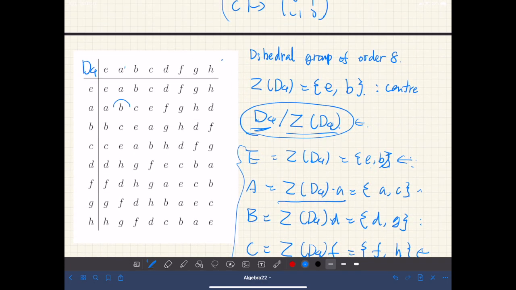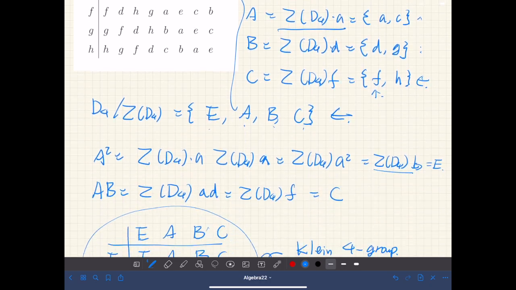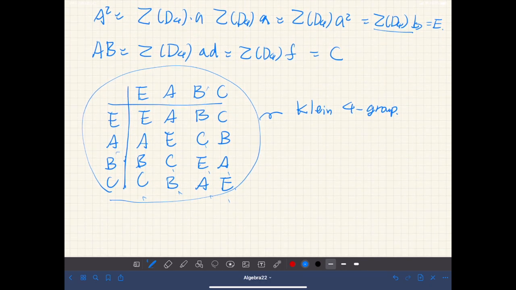So the quotient group of the dihedral group of order 8 by its center is isomorphic to the Klein four-group.